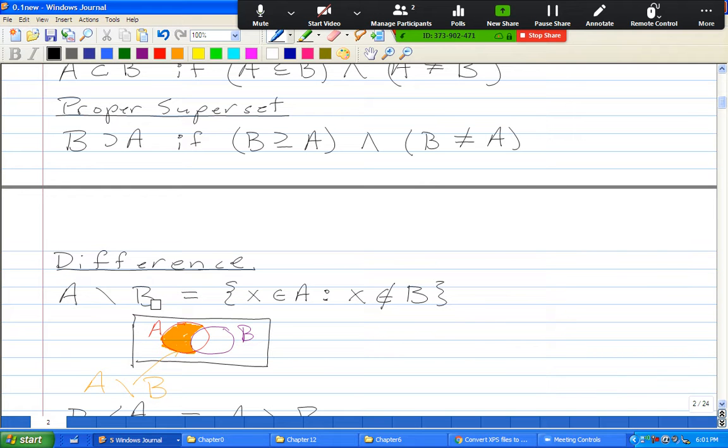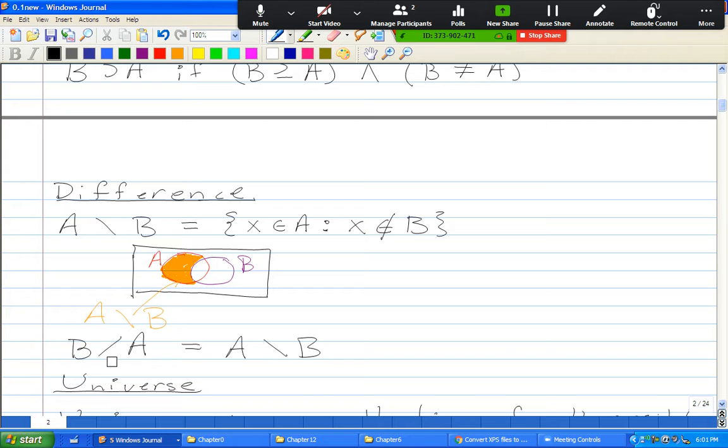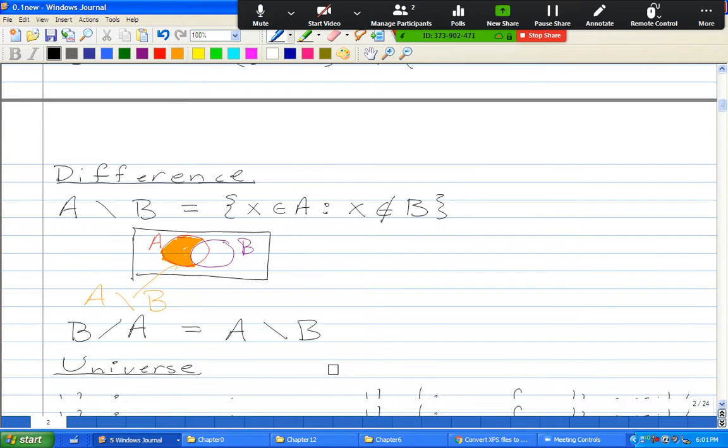A without B is a set of all X in A such that X is not a member of B. So it's everything that's in A but is not in B. So we take away any member of B from A. So it's A but take away B. B removed from A is just A take away B.